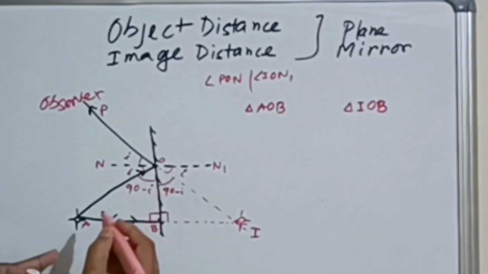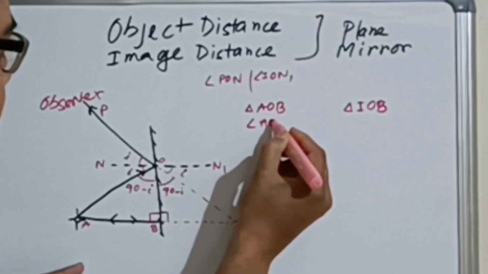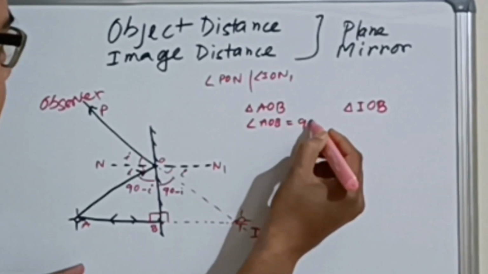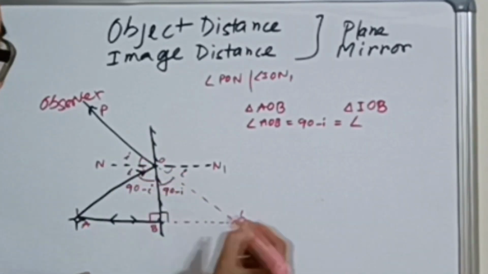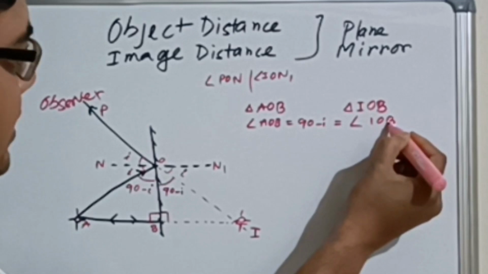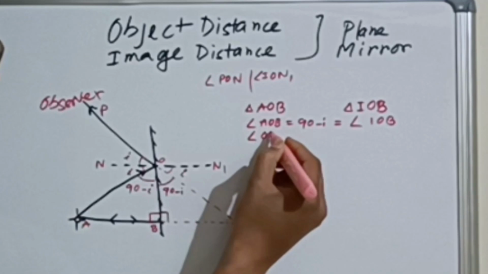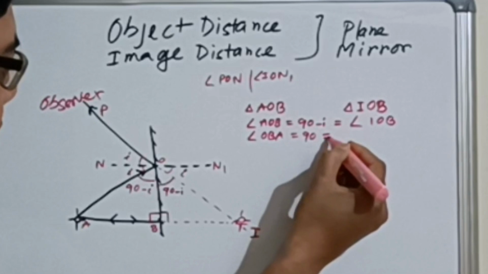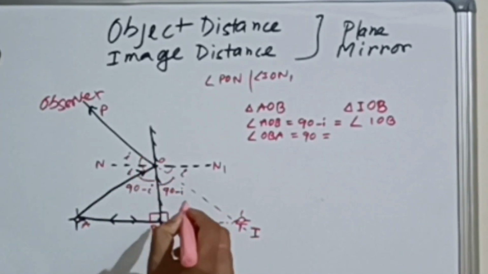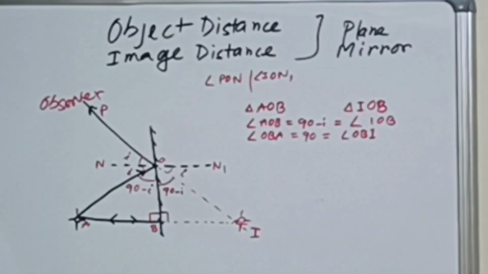So in triangle AOB, angle AOB is equal to 90 minus I, equals angle IOB. Angle OBA is equal to 90, equal to angle OBI. Clear? So two angles we know.